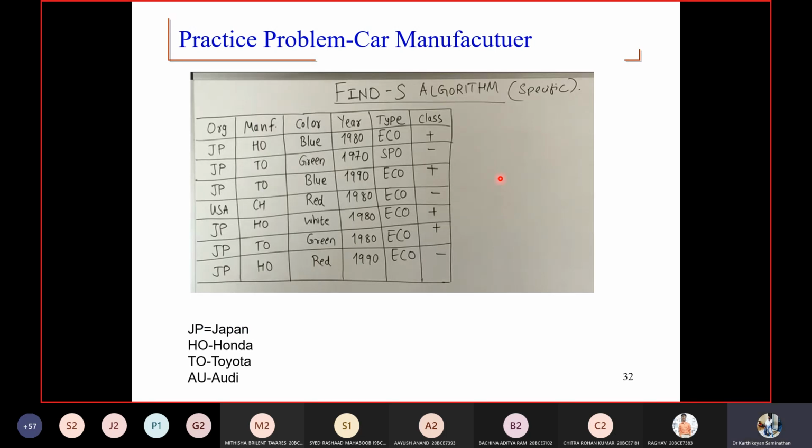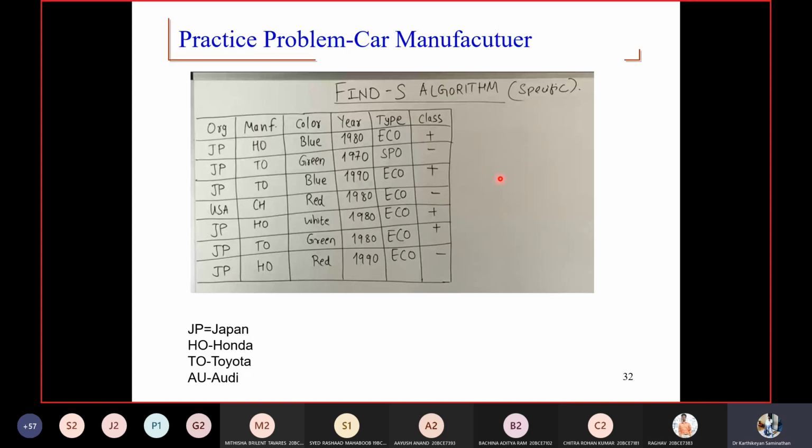Can you take this problem and tell me the answer? Sir, JP comma question mark comma question mark comma question mark comma ECO.